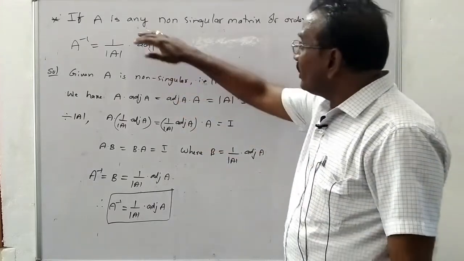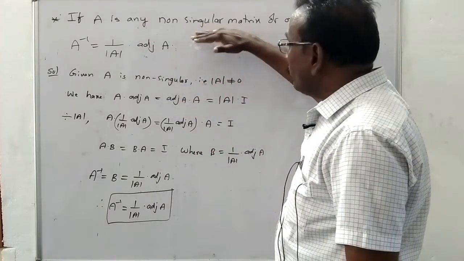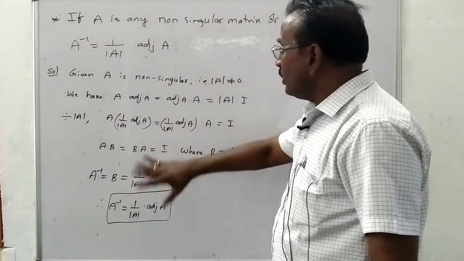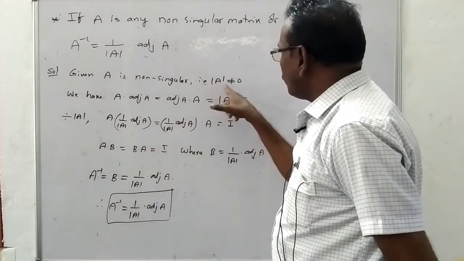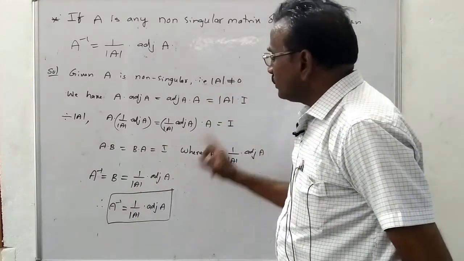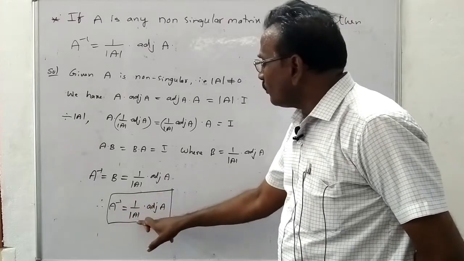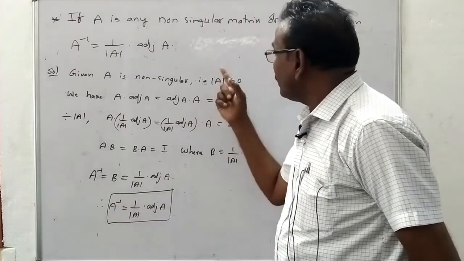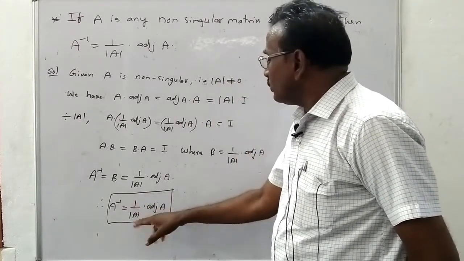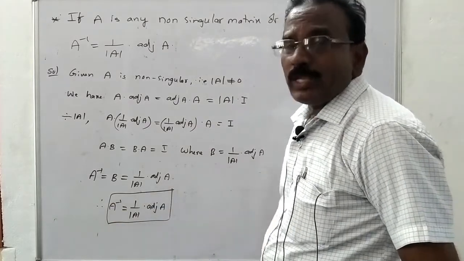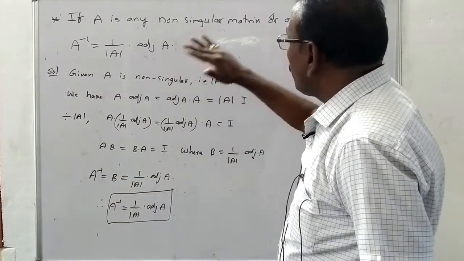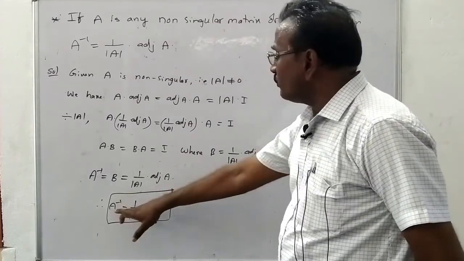So important, if A is non-singular, then only the inverse of a matrix exists. If A is singular, determinant of A is equal to 0, A inverse is 1 by 0, because your determinant is 0. So 1 by 0 is not defined, A inverse does not exist in that case. If A is a non-singular matrix, then only A inverse exists.